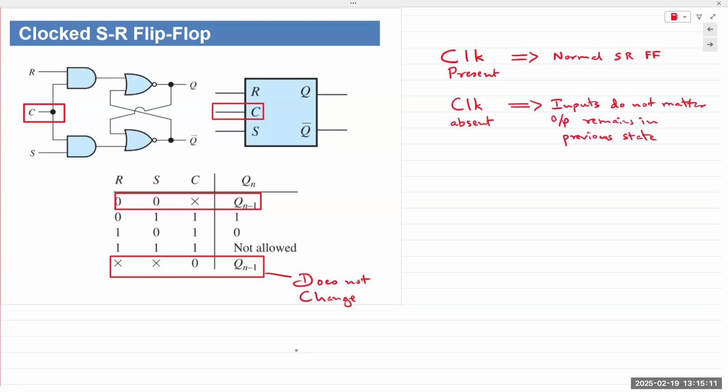The clock is required to function. If the clock is present, it functions as a normal SR flip-flop. If the clock is absent, then the inputs do not matter and the output remains in the previous state.